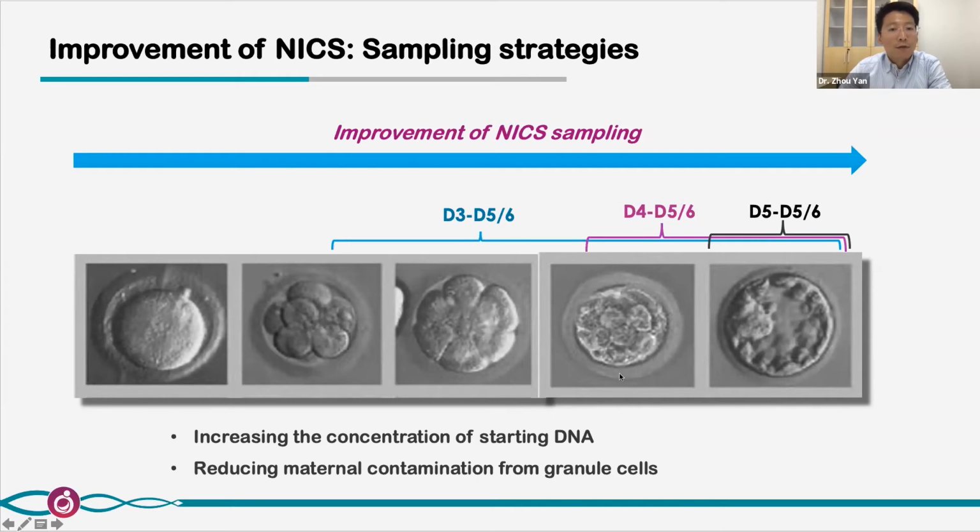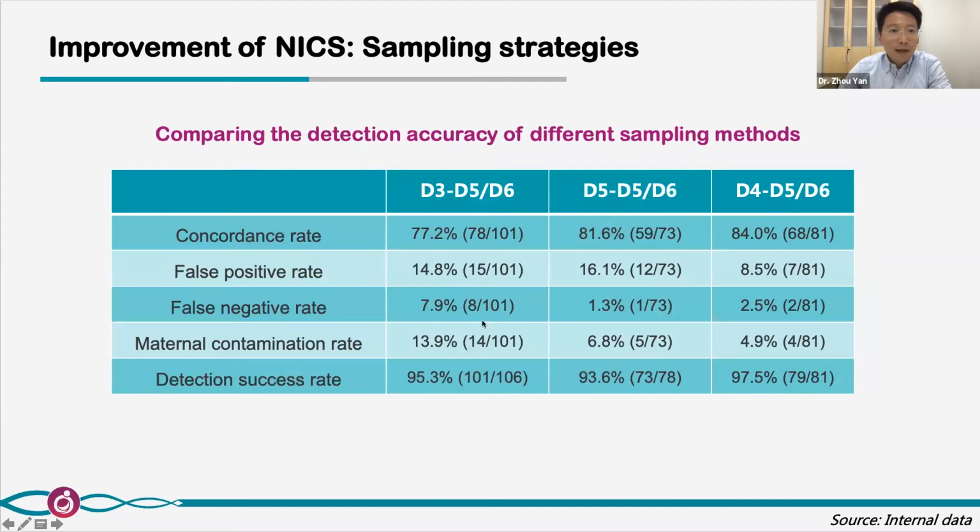Further development of the embryos means an increased number of cells, and therefore more material is released into the culture media than at the early stage. It can also help to reduce the maternal contamination from the granulosa cells.